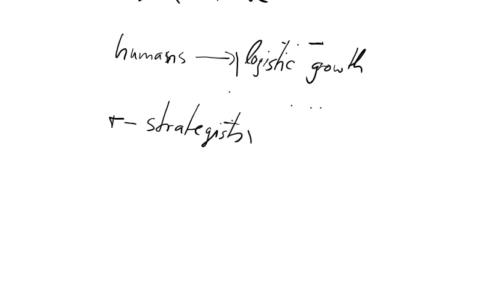R strategists are typically individuals or organisms that have a large growth constant. That means they reproduce very, very quickly, so their doubling time is very small.